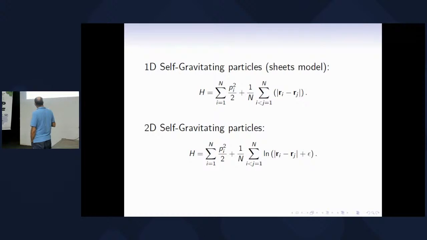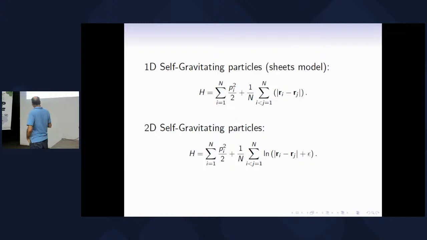There are also what we call the 1D self-gravitating particles. Essentially, it's a solution of the Poisson equation in one dimension that gives us this potential, just the absolute value of the distance. It's like infinite sheets of matter with a constant density that interact with each other and can cross each other.